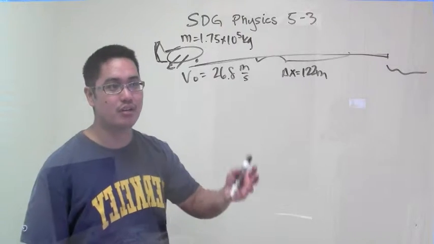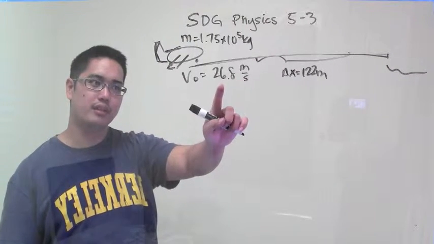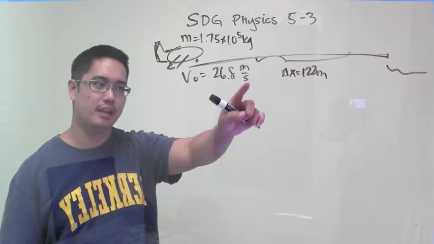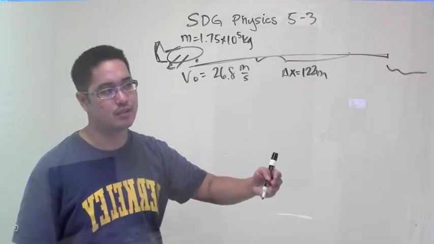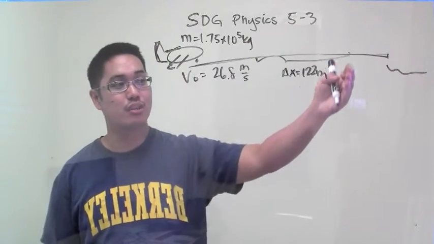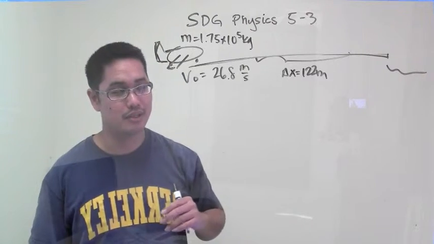It's a heavy sucker. Its initial velocity before it hits the foamcrete is 26.8 meters per second, and it stops in a distance of 122 meters. Let's pretend that at 123 meters there's the ocean, so hopefully it stops at 122 meters.